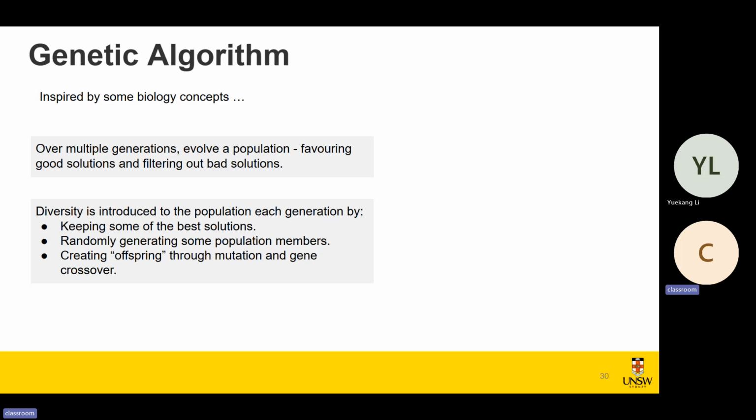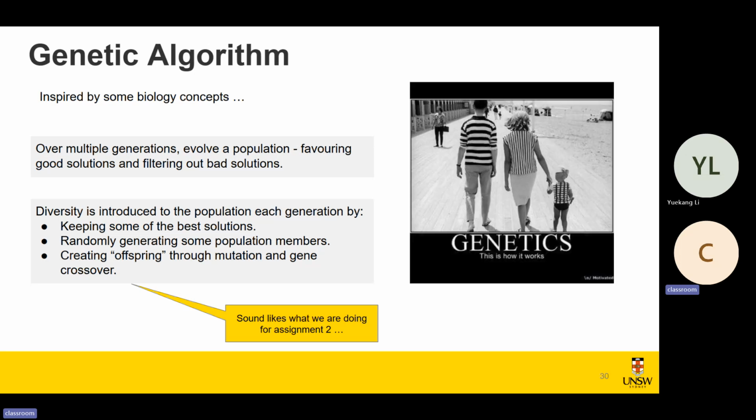So basically the idea is we have some best members in the population and then we generate offsprings using the best members.